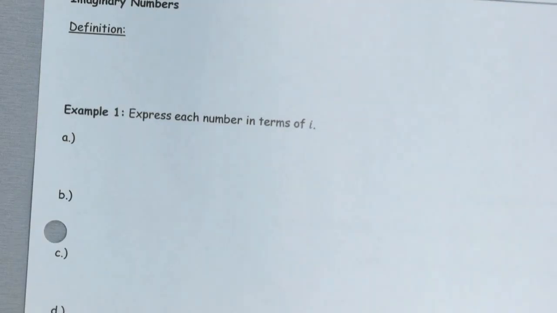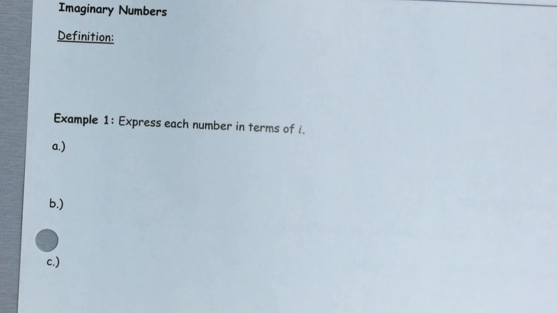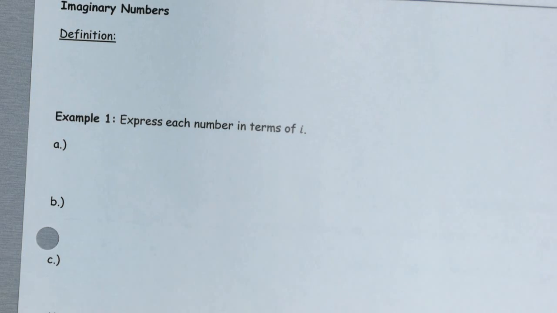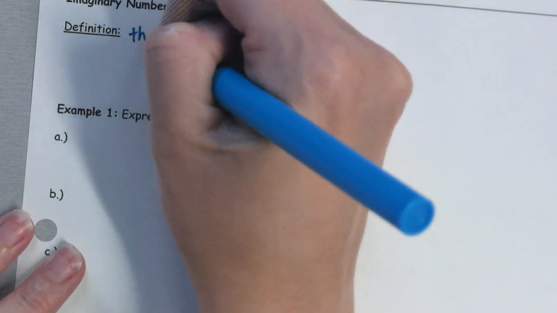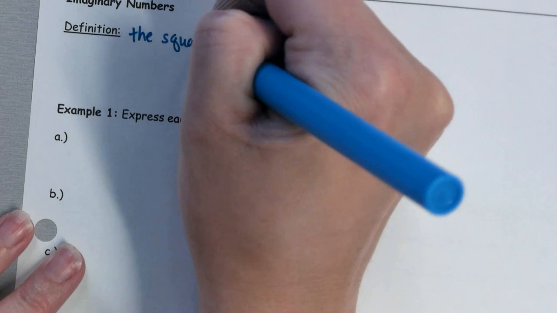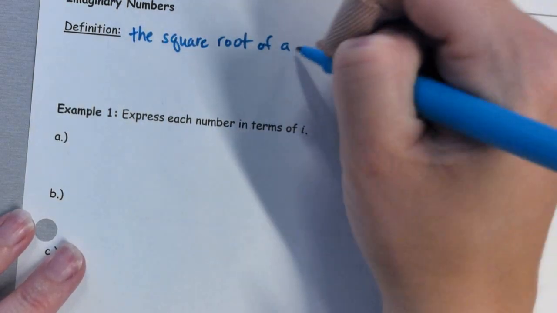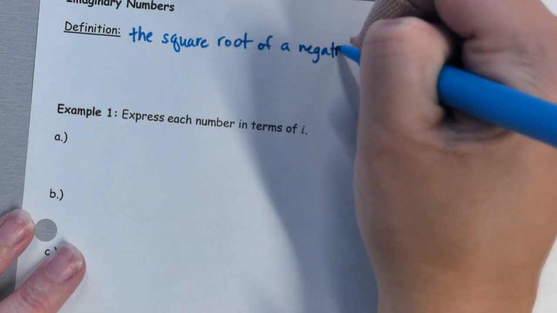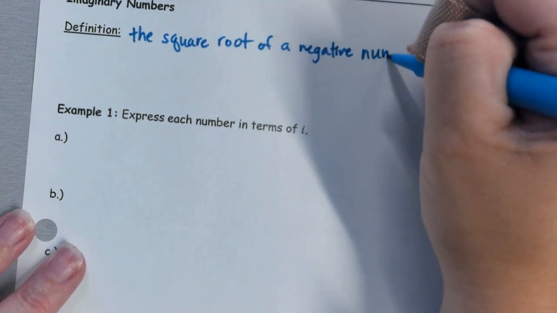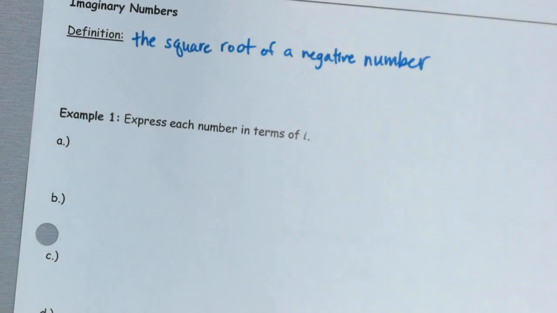Alright, so then let's do the definition. Okay, so the square root of a negative number is the definition of an imaginary number.